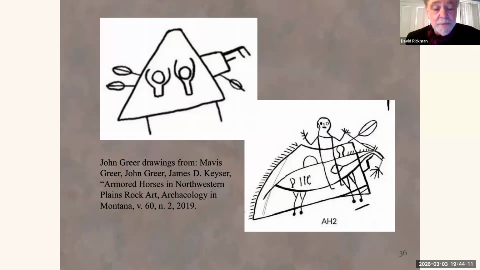I also reasoned that the barding was supported by the saddle beneath. That way it could reach up to the rider's waist and protect him. This drawing on the lower right seems to confirm that the armor was indeed at least held up partly by the saddle.